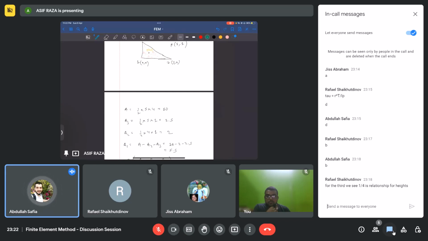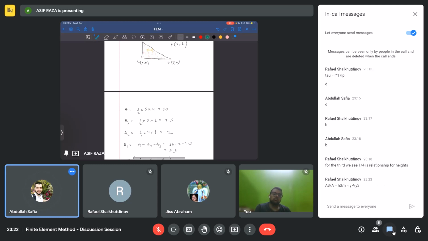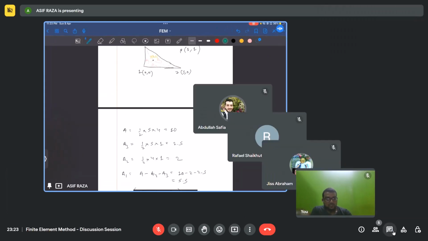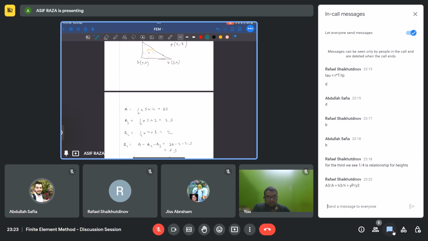Also for node number 2, the triangle in front of point number 2, the height is 1 by 5, which is 0.2. The third triangle would be 1 minus the sum of the other two, which is 0.55. In that way. It's your convenience, you guys go for it. Okay, got it.